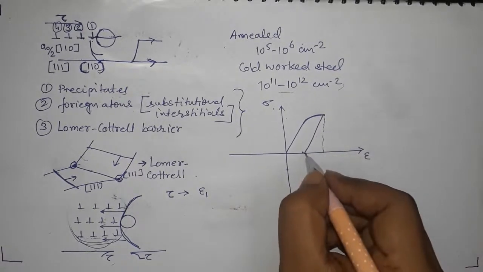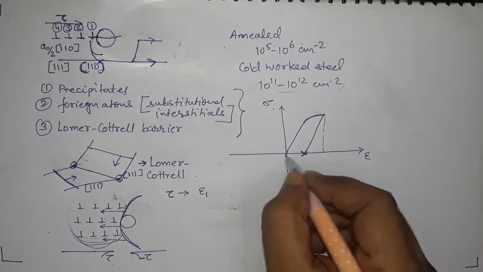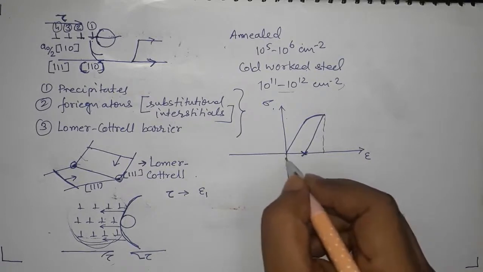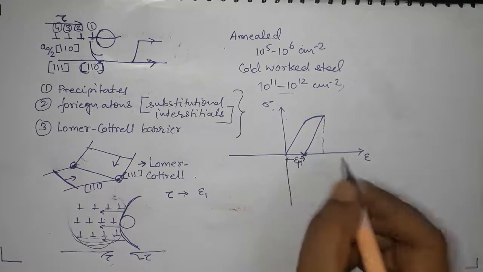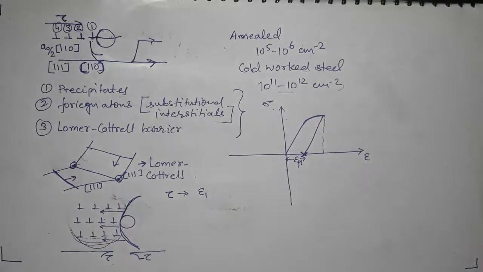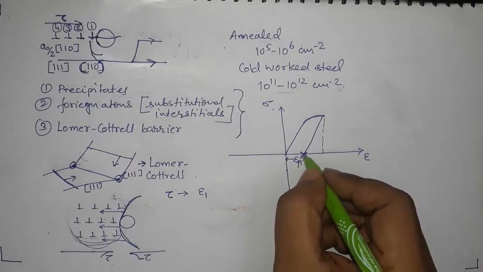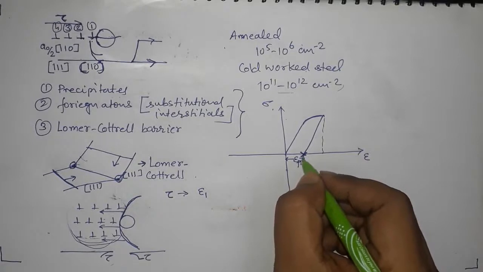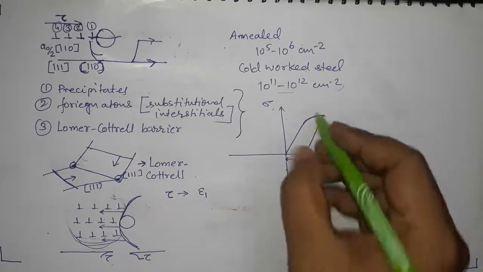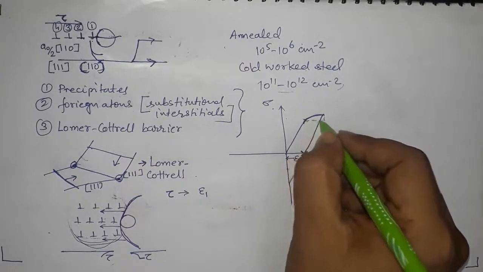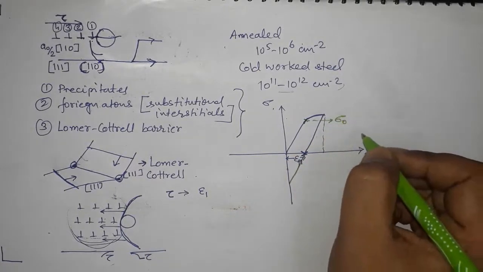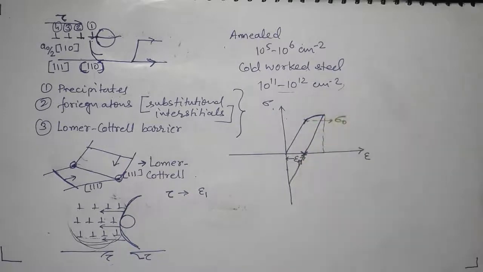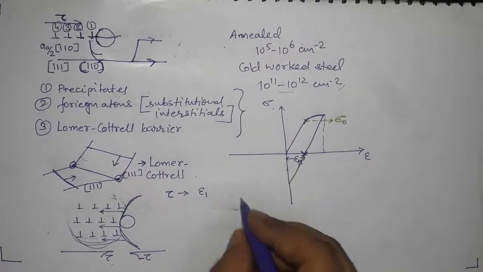Then I reach this point, and it will not go beyond, because that much is my plastic strain, right? Now I apply stress in the reverse direction. This is my sigma naught yield strength, and this, let's say, is tension.